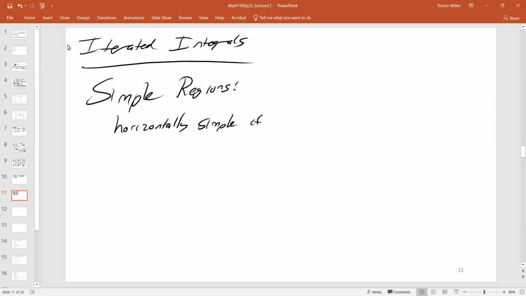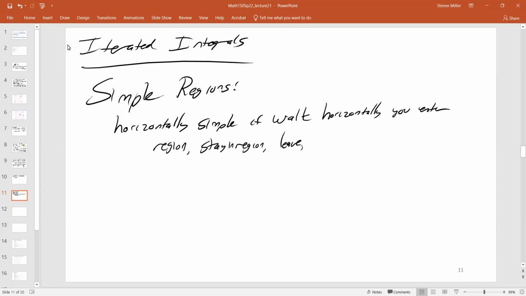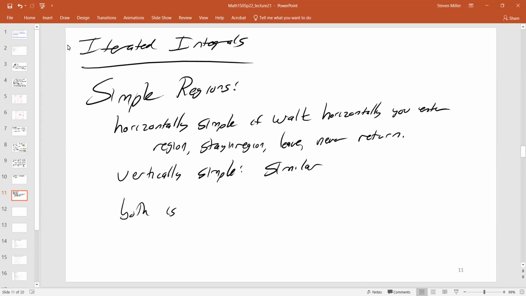As you walk horizontally, you enter the region, stay, leave, and then never return. Vertically simple is similar. And then, of course, both is horizontally and vertically simple.